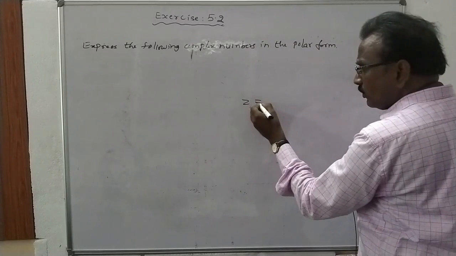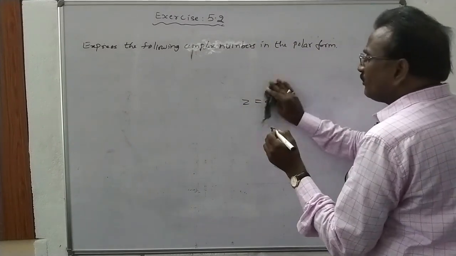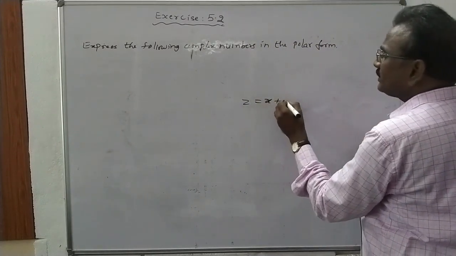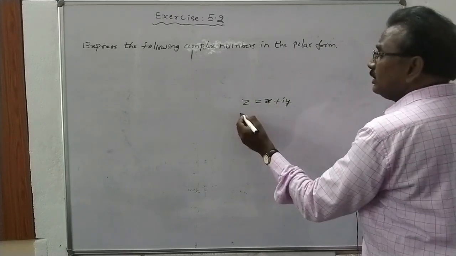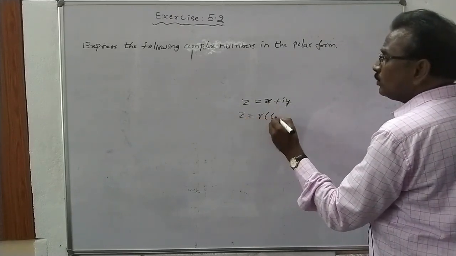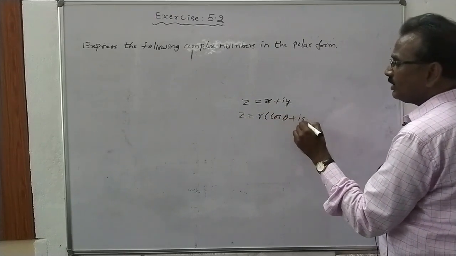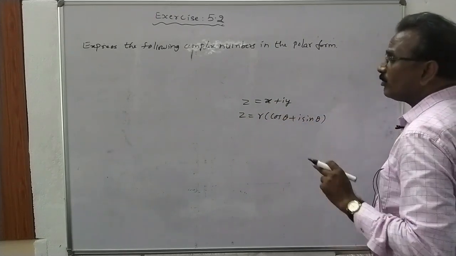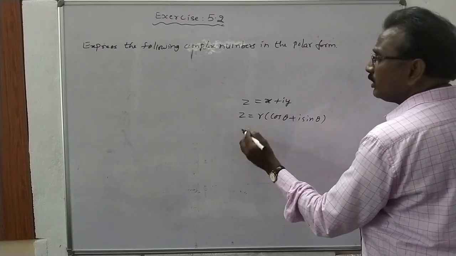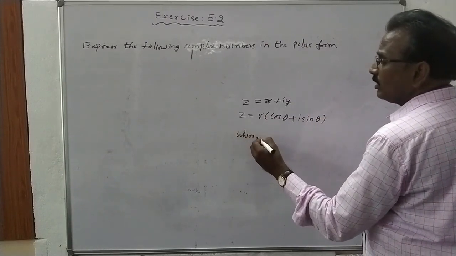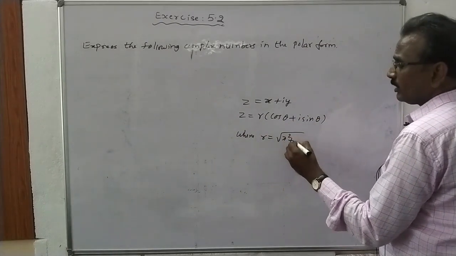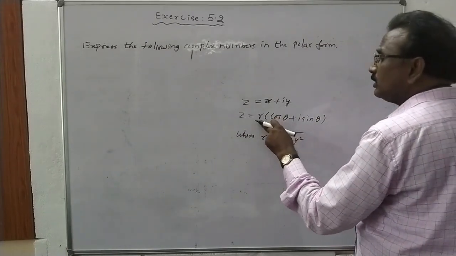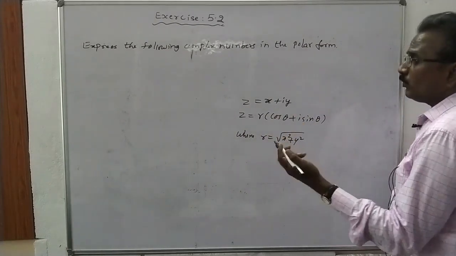Here z is equal to a plus ib or x plus iy. Z is equal to x plus iy is the Cartesian form of a complex number. Z is equal to r into cos theta plus i sin theta is the polar form of a complex number, where r is root x square plus y square, the modulus of a complex number, and theta is the amplitude of a complex number.